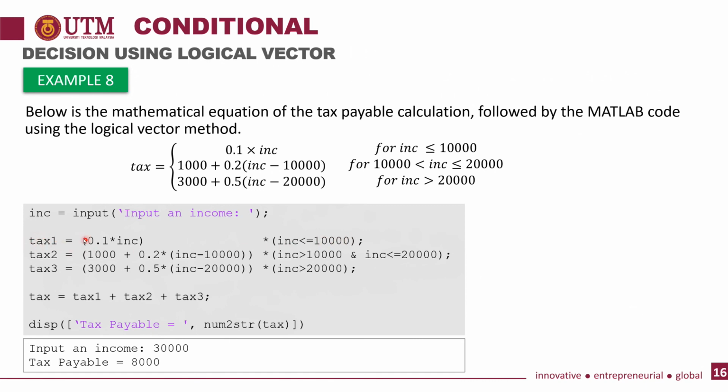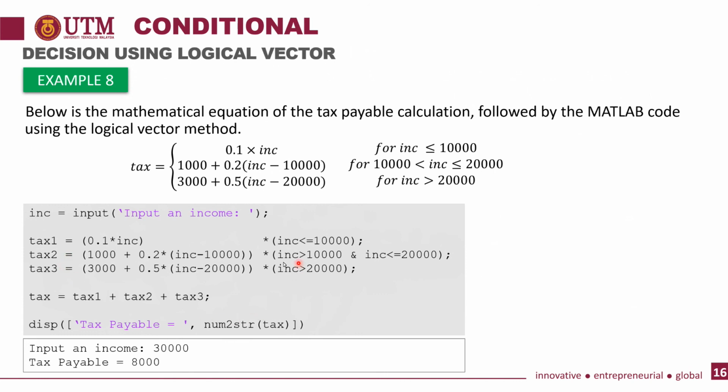So tax1 will become 0. And tax2 will also become 0 because it doesn't fulfill its condition. This condition only becomes 1 when the value that you give is between 10,000 and 20,000. Right now we are inputting $30,000, so it is not valid. It will become 0, and finally tax2 will become 0.